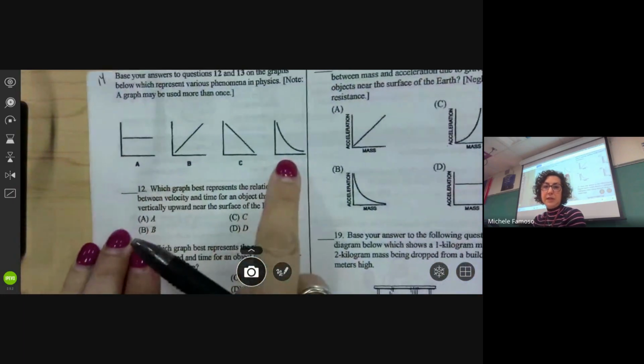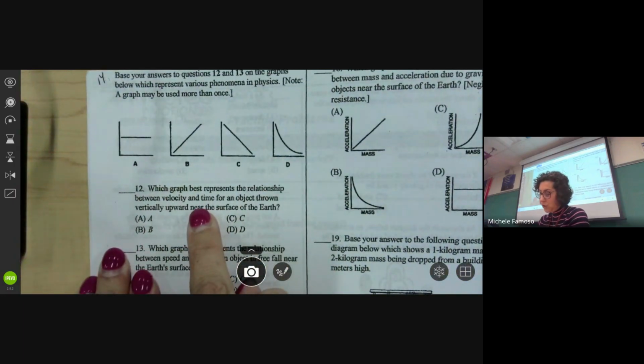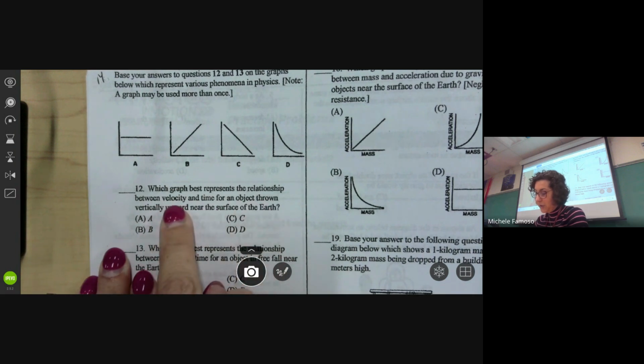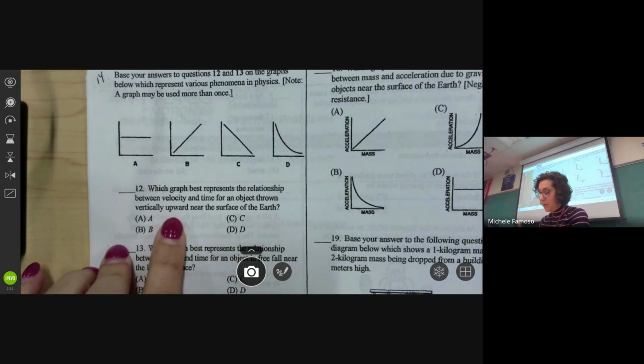All right. Do you want to go over any of those multiple choice questions? Yes, Miriam. 12 and 13. All right. So let's take a look at those. These are about graphs. And we're giving you 4 graphs here. I want to know which graph represents the relationship between the velocity and the time for an object that is thrown upward.